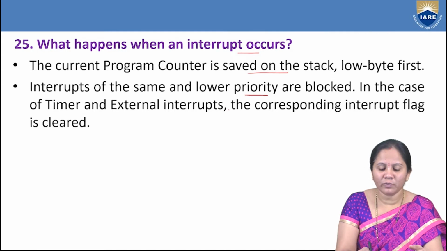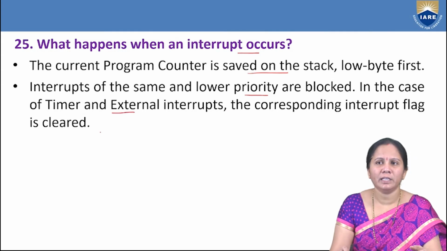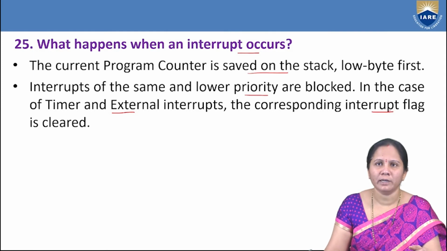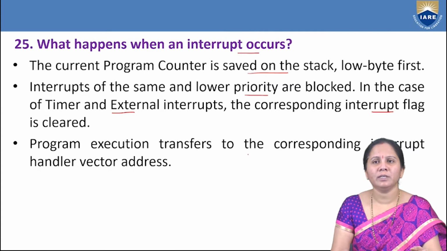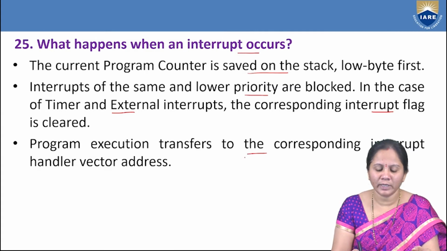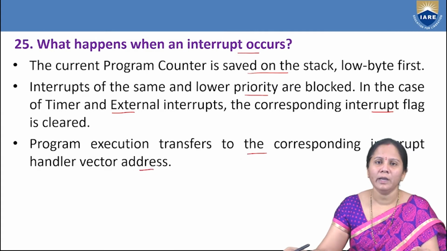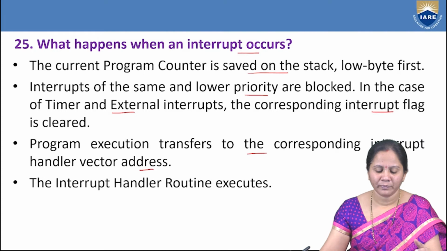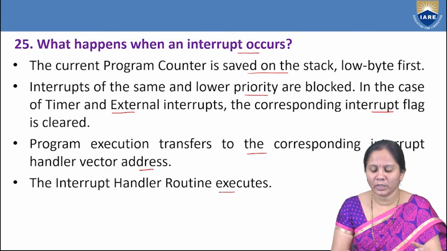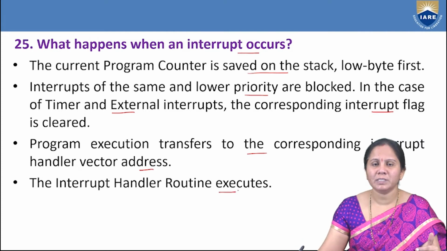In the case of timer and external interrupts, the corresponding interrupt flag bit will be cleared. Program execution then transfers to the corresponding interrupt handler vector address. This is what generally happens when an interrupt occurs. So the interrupt handler routine executes, that means the interrupt service routine will be executed.